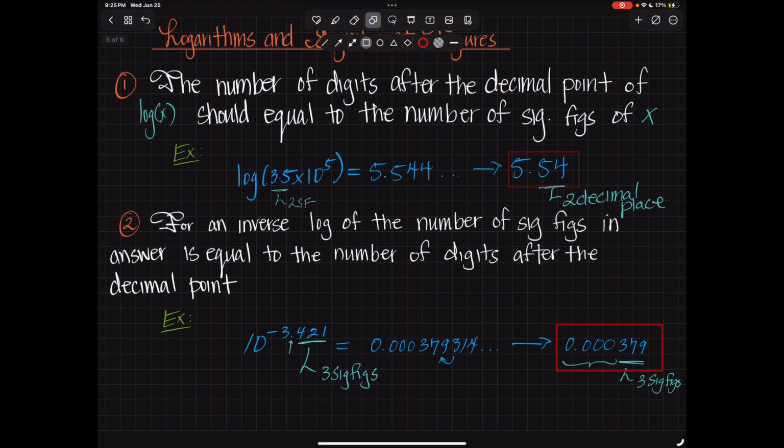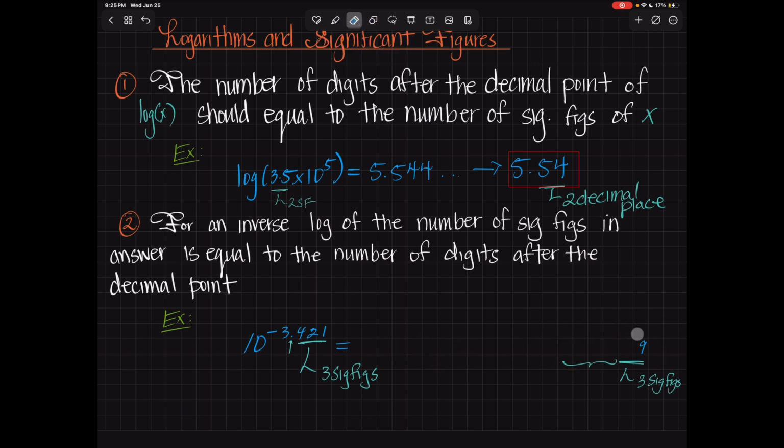Next, the second part of this is for an inverse log: the number of sig figs in the answer is equal to the number of digits after the decimal point. So let's work backwards on this one. To break this down, this decimal point is right here, and after that, you have 3 digits.